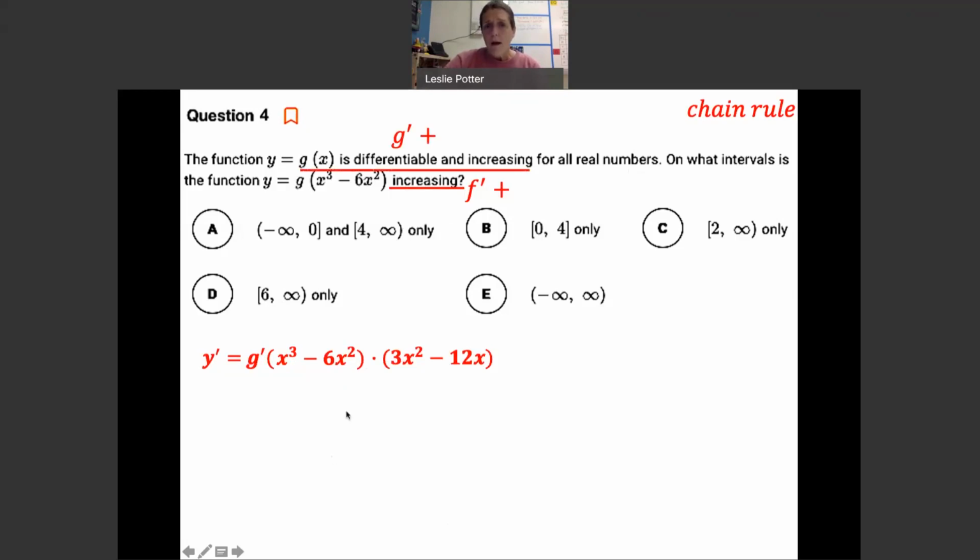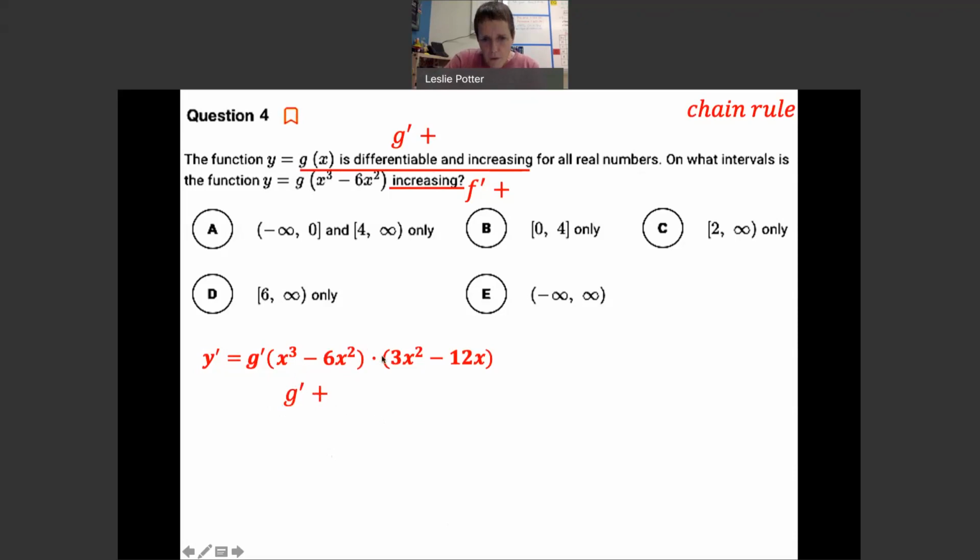Okay, and these things are just kind of going up that we talked about, right? Differentiable means g prime exists. Increasing means it's positive. So we know that g prime is positive always, which means this portion of the derivative will always be a positive number.